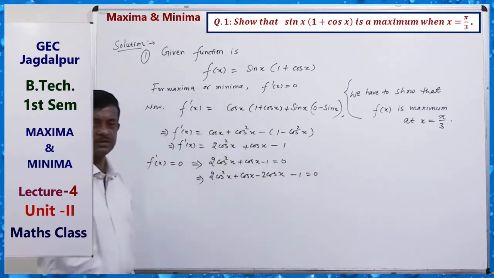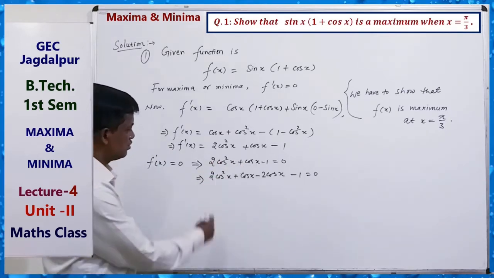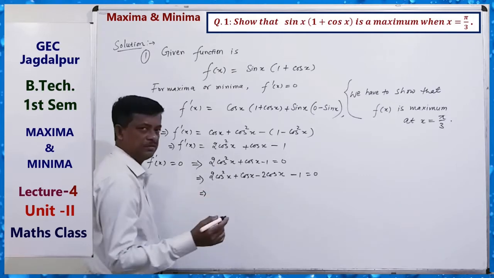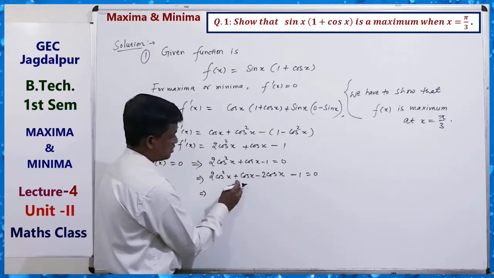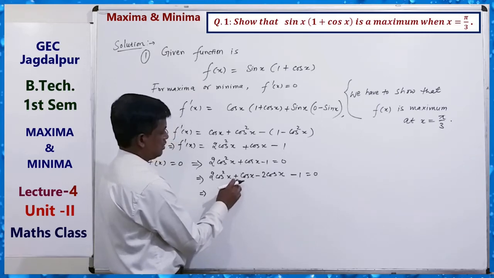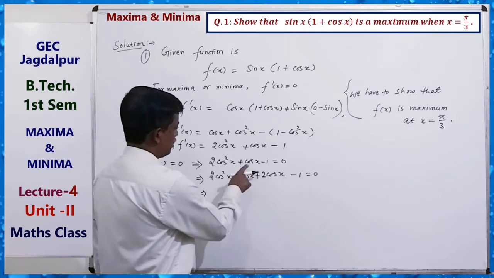We can use factorization here, a second degree equation in cos x. For finding the value of x, factorize it.